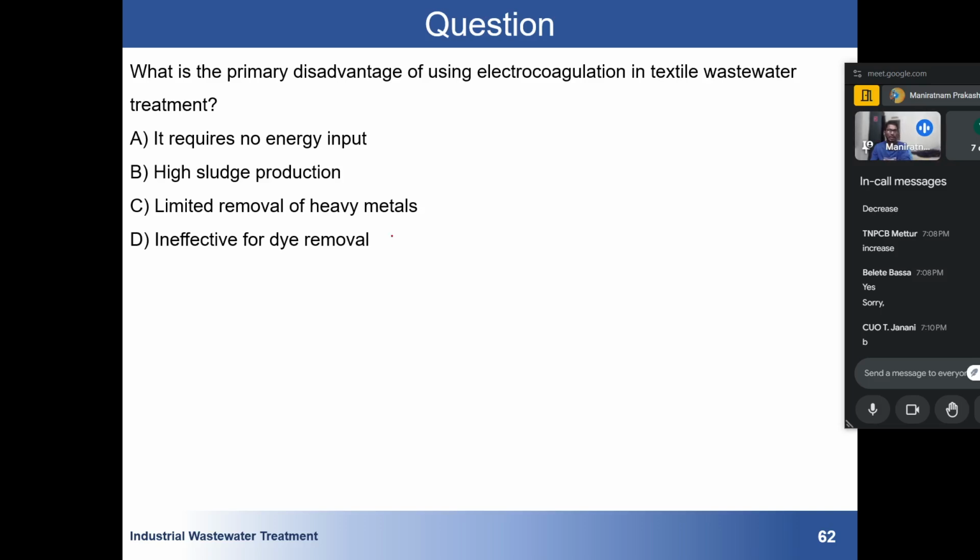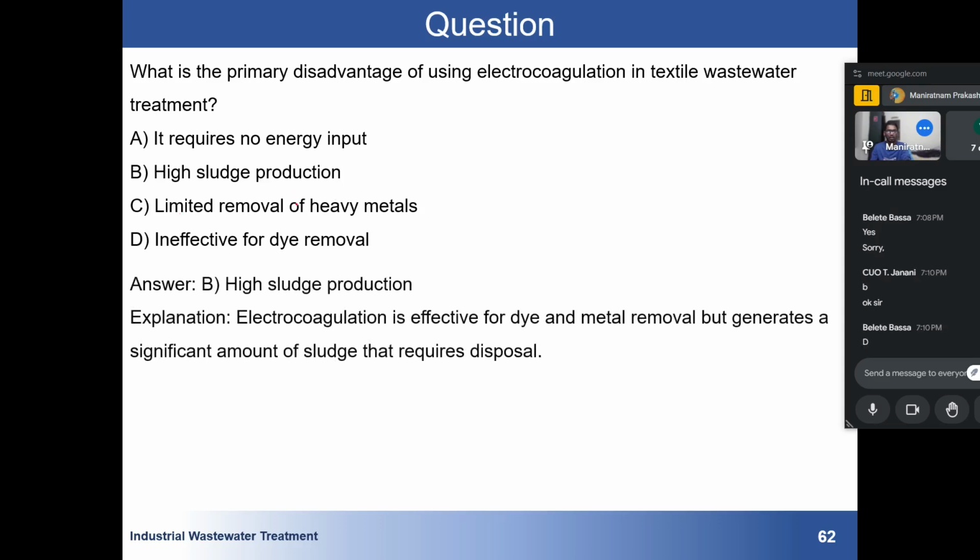They are asking primary disadvantage. Oh no, sorry, you are correct. This is electrocoagulation, not electrochemical.